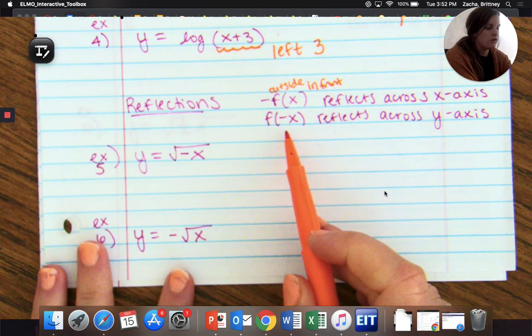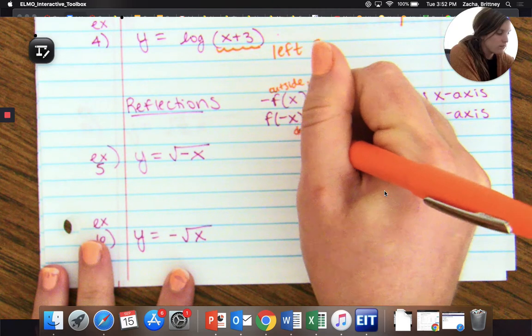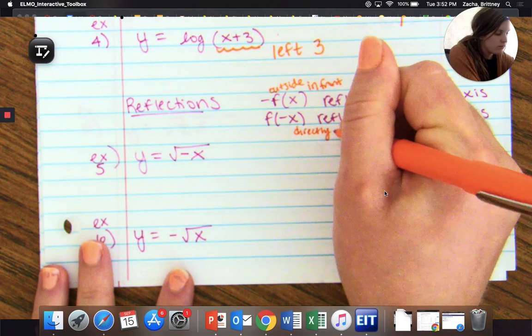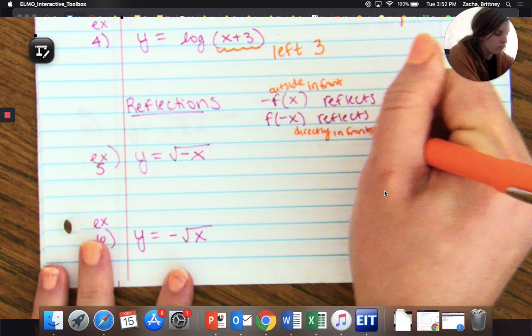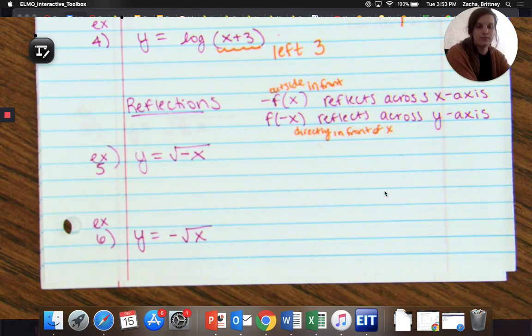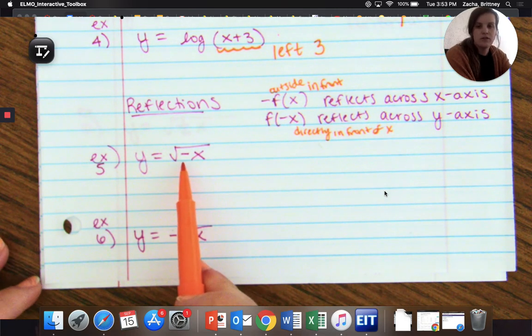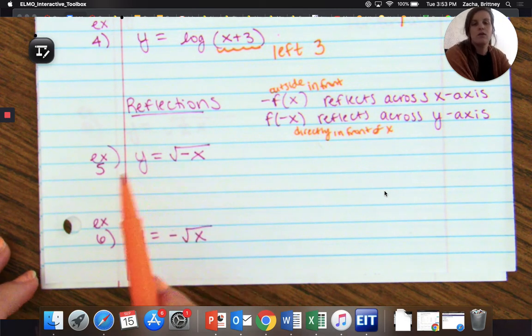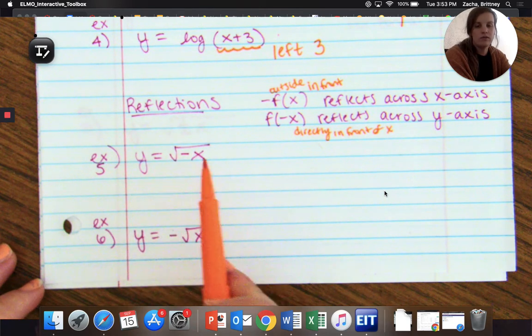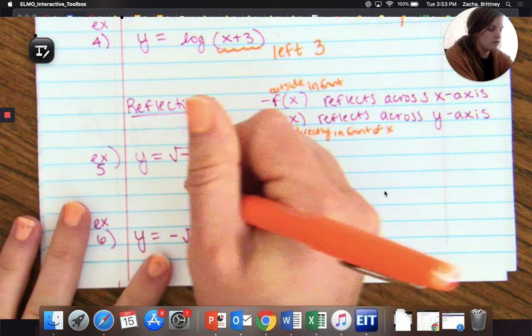And if the negative is directly in front of the x, it will reflect across the y-axis. So you just ask yourself, is it inside with the x, or is it on the outside in front? Well, it's inside with the x, so it would reflect across the y-axis.